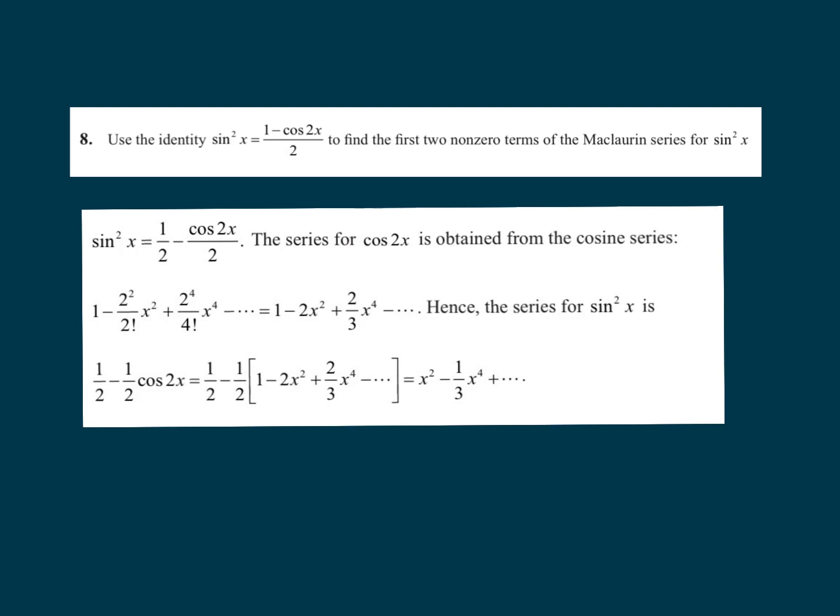It is not difficult because you know that sine squared of x is 1/2 minus 1/2 cosine of 2x, so I will find the power series representation of cosine of 2x and plug it in, and this will be the power series representation of sine squared of x. So if you do it, you will find all these terms. Okay, you can do it. It will be very easy to find cosine of 2x based on cosine of x.